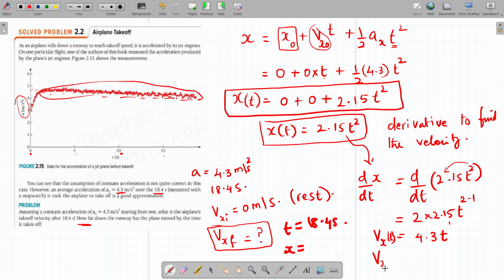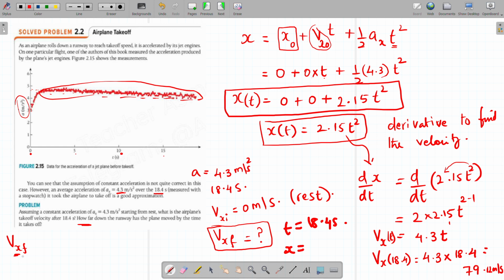Now we can substitute this time value, 18.4. So 4.3 times 18.4 is equal to 79.12 meters per second. Thus we found the final velocity Vxf.